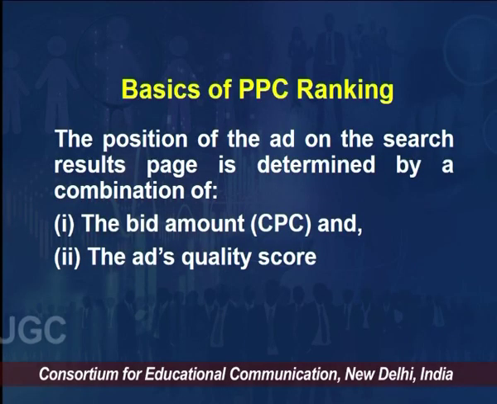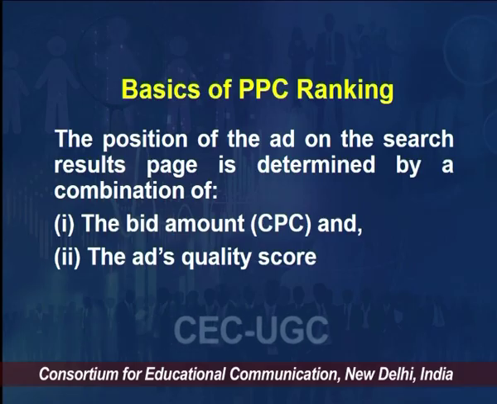Now, how is this information ranked? As I say, paid searches go up and down, and the advertiser is going to pay only when the consumer clicks on that particular search, which is the paid search. The position of the ad on the search result page, that is SERP, is determined by what?